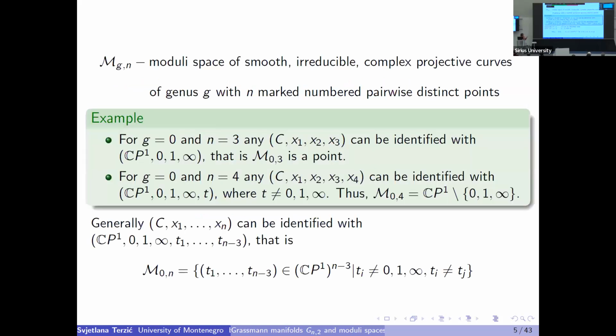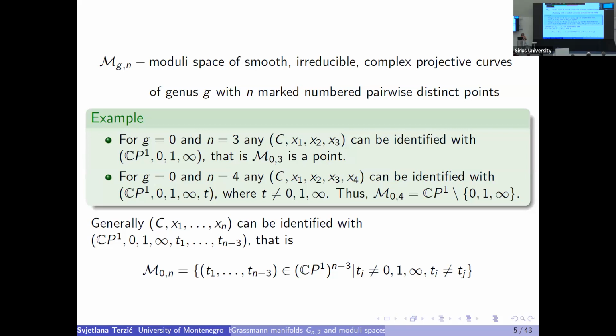On the other hand, we have a very well-known notion; I'm just going to recall very well-known facts. We have moduli spaces of smooth or reducible complex projective curves of genus 0 with n marked, numbered, pairwise distinct points. For example, for g equal to 0 and n equal to 3, this moduli space is a point, because every curve C is a CP1 and any three distinct points can be transformed to 0, 1, infinity.